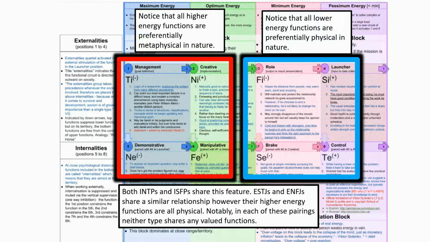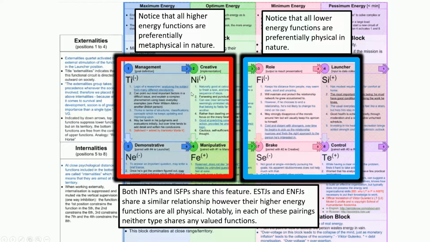So I've drawn a lot over that first slide I showed, that flowchart, and here's what I want to point out. You'll remember from the previous slide that TI, NI, NE, and FE all have metaphysical as their natural realm. That's the free aspect of those functions. That's where they're most effective.